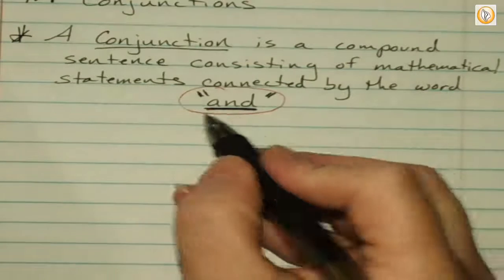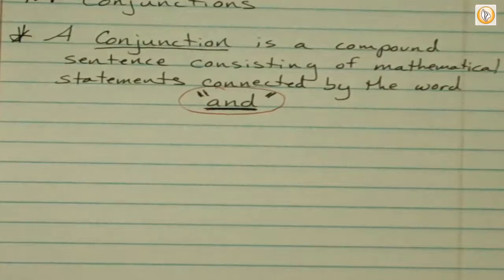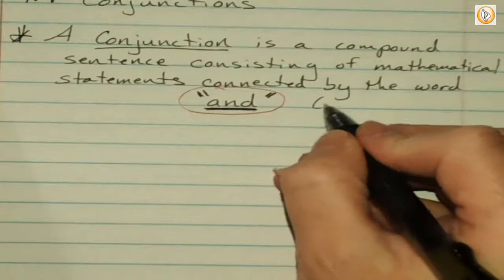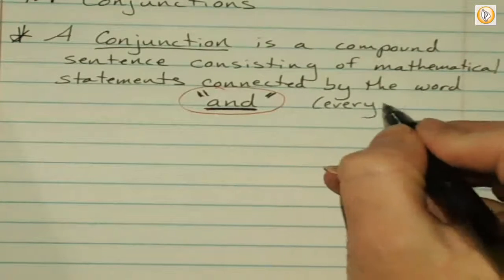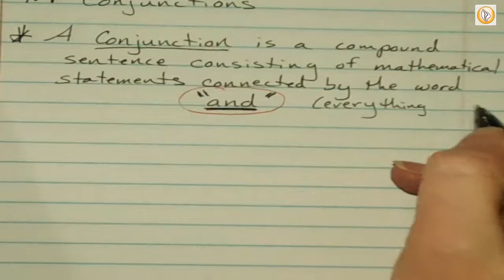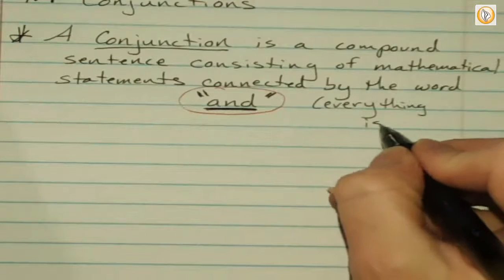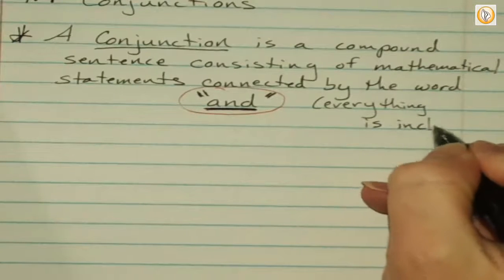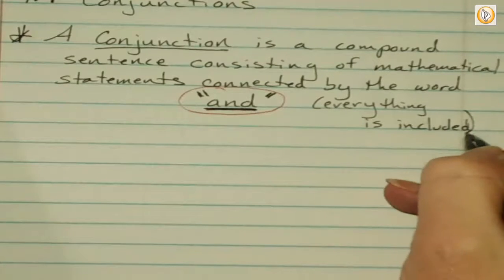So when I say and, kind of in the English grammar language, that means both are included, or everything is included. I like that. Everything is included.